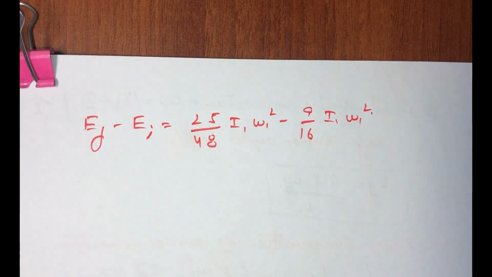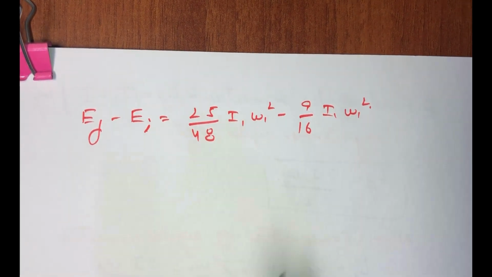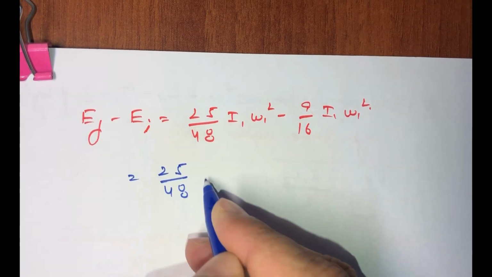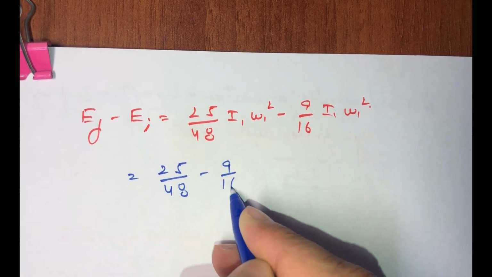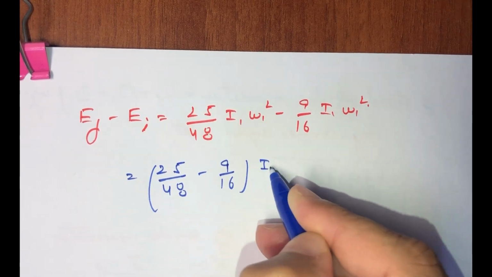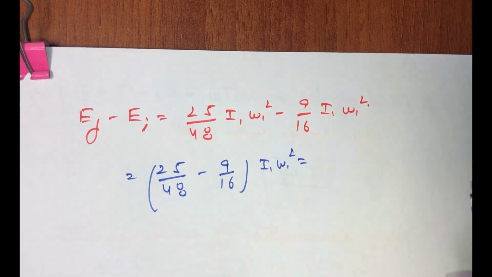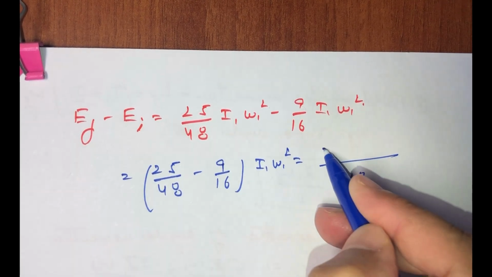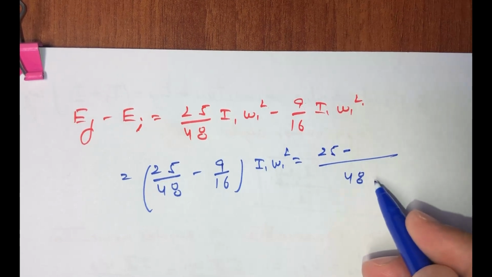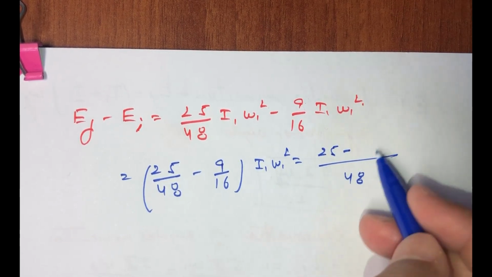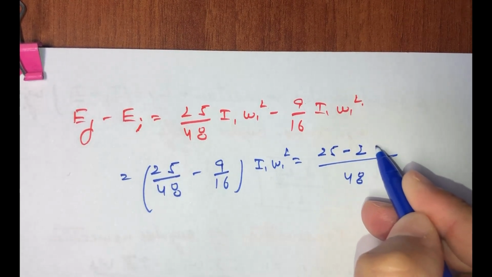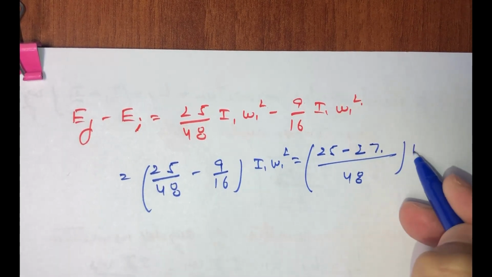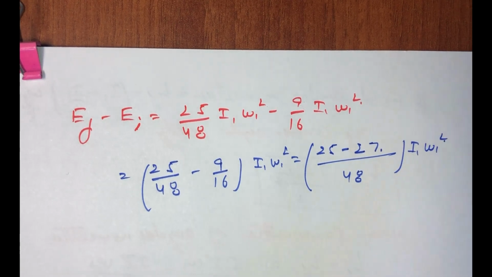We can take I1 omega 1 square common, so we are left with 25/48 minus 9/16. 48 will be the LCM, so this will be 25 minus, and we have this 3, so 27.